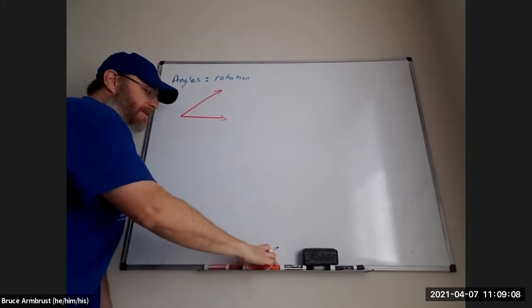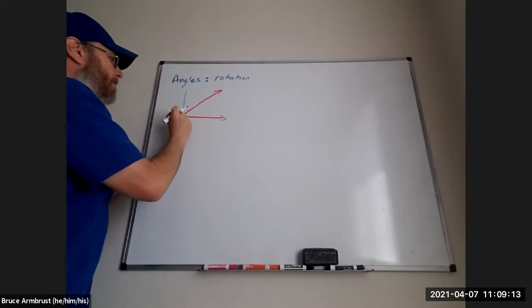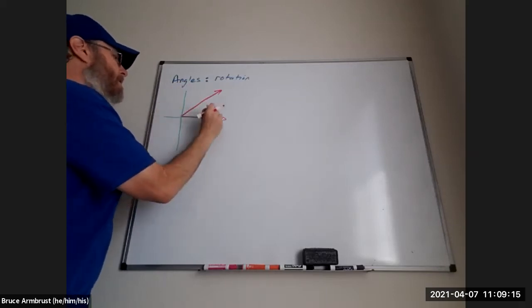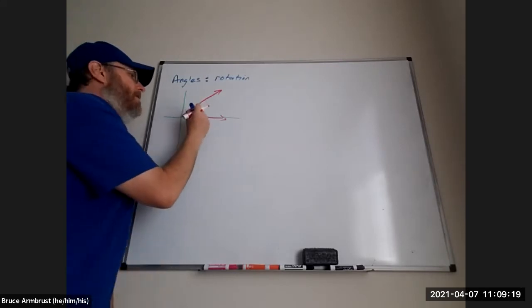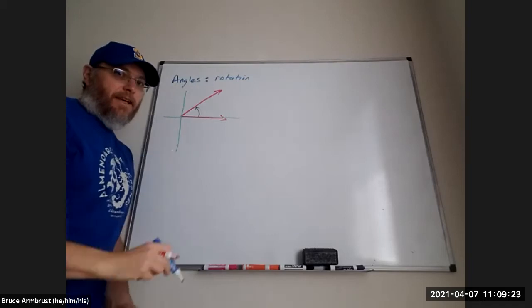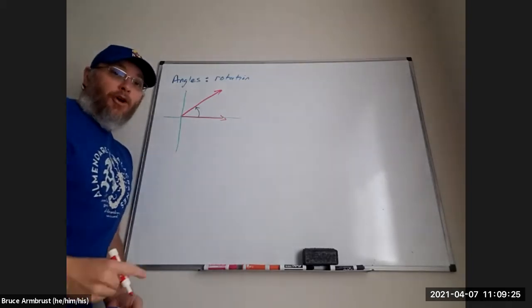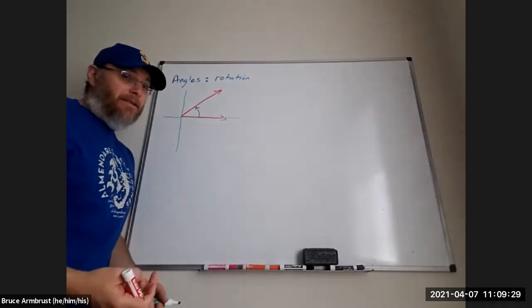Standard position, again, the vertex where those rays come together is at the origin, and the initial side is on the positive x-axis. I'll always draw the little curvy arrow showing the direction of the rotation, since that matters, plus or minus.